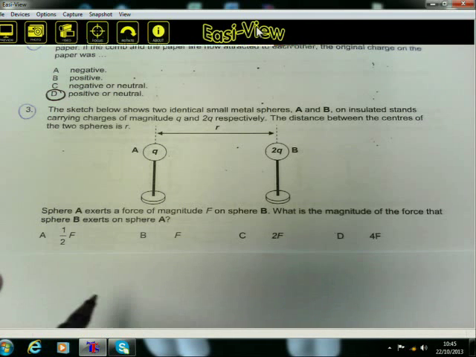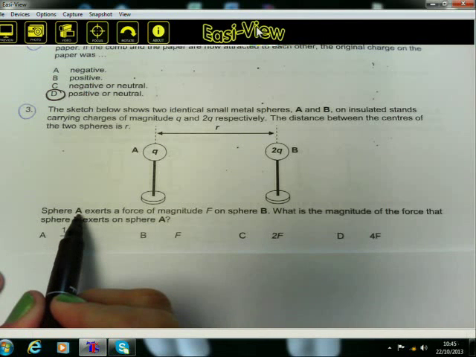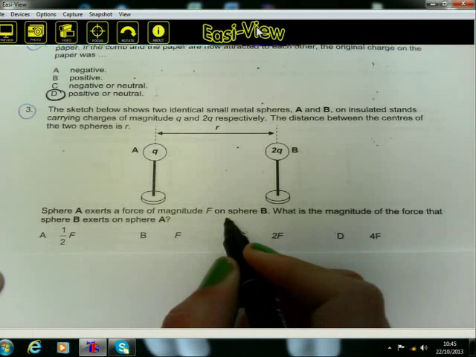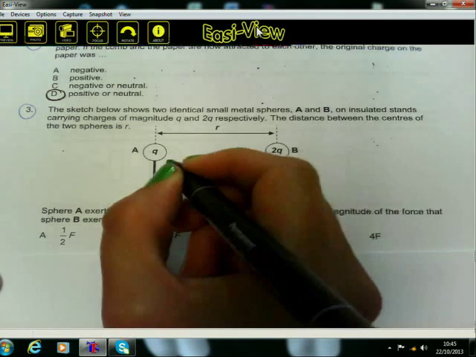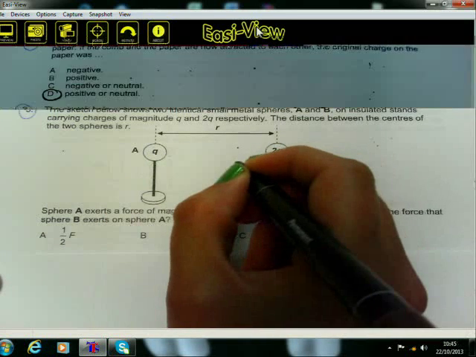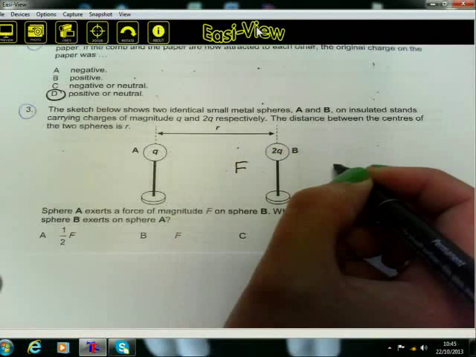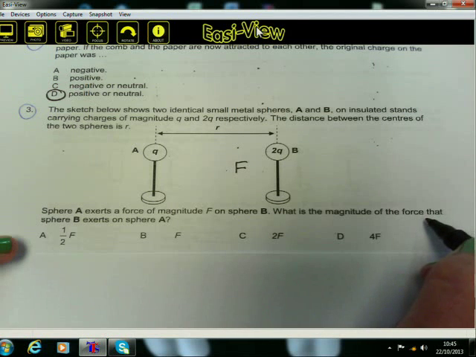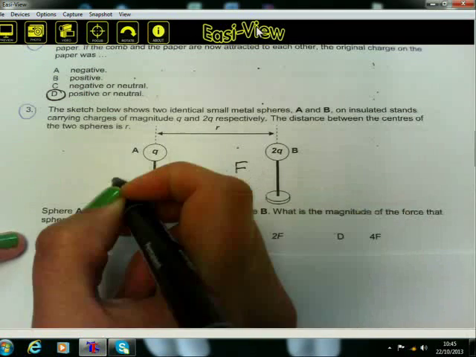Now the question. Sphere A exerts a force of magnitude F on sphere B. We know that A has a force of F on B. What is the magnitude of the force that sphere B exerts on sphere A?